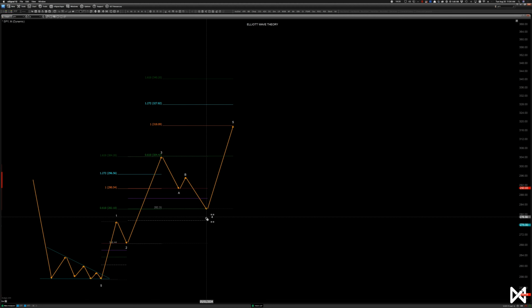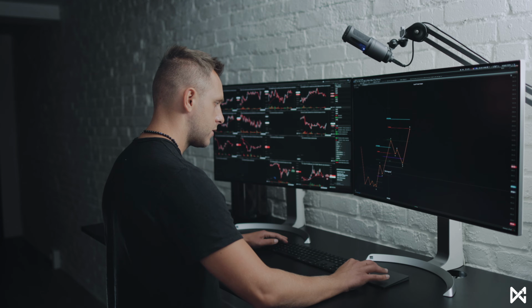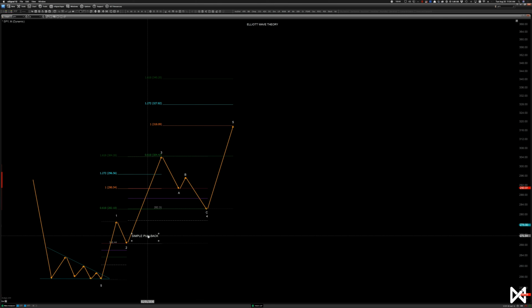And since we're already writing all of this down, let me mark one more thing for you. This wave 2 is a simple pullback. And this wave 4 over here, let me just mark it beside wave 2. There it is. So that was a simple pullback, and then wave 4 is a complex pullback.